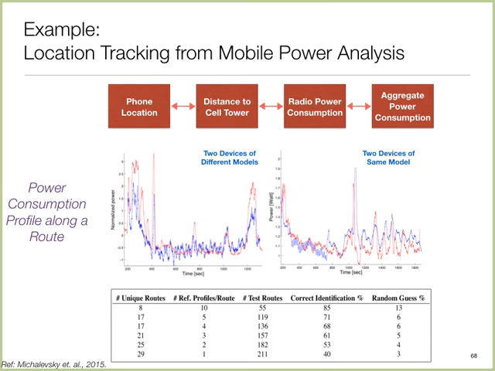The message I want you to take away here is that when you look at privacy, it's never just that piece of data. It is that data in context with all the other side information that an adversary would have reasonable access to. Because if you ignore that, then you'll have a very artificial sense of privacy.